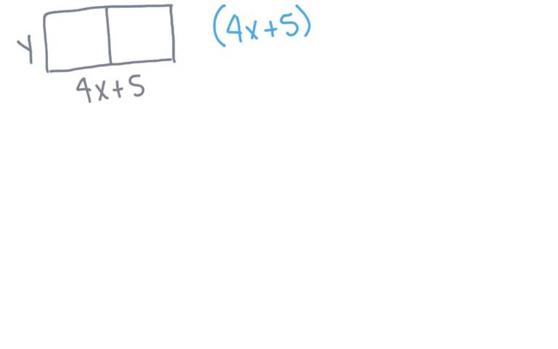And then I'm going to put the y on the outside. Now we're going to multiply the y by both of the terms that are inside the parentheses, and I've drawn the arrows to show that. So 4x times y is going to be equal to 4xy plus y times 5, which is going to be equal to 5y. So our expanded expression is 4xy plus 5y.